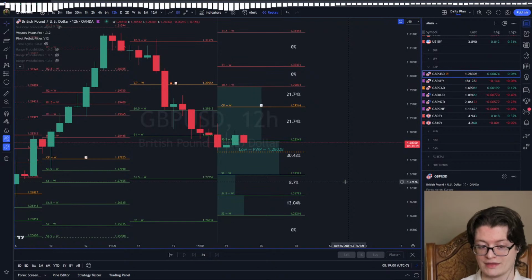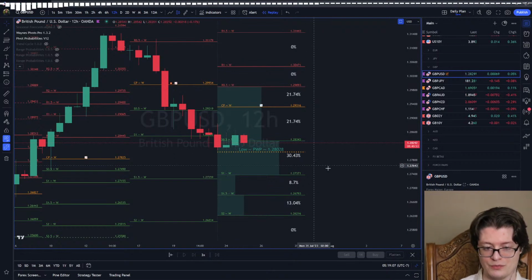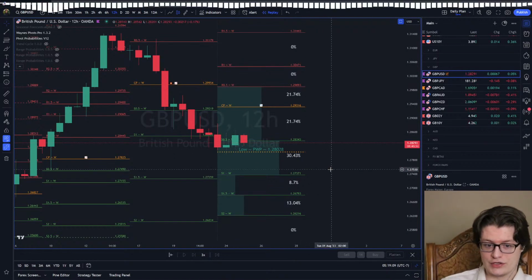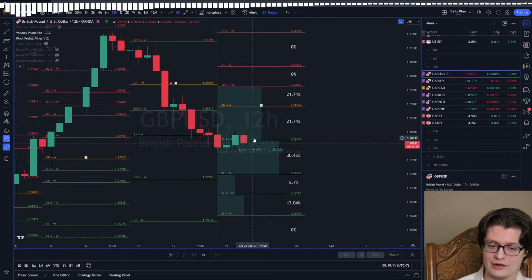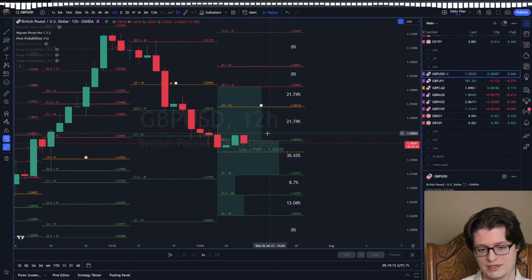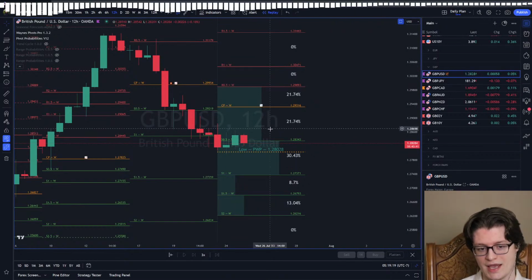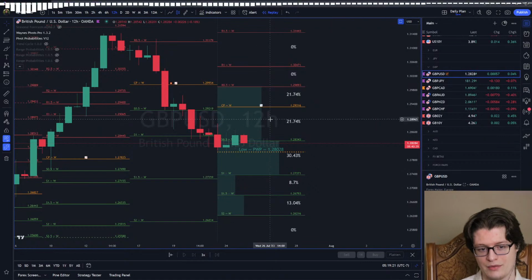Now looking at this, the probability weighted pivot low is right here at 128, and we just tapped 128 and went off of it. I don't know if we continue to hold here into Wednesday. Going into end of day Wednesday, I wouldn't be surprised to see the move up or down.